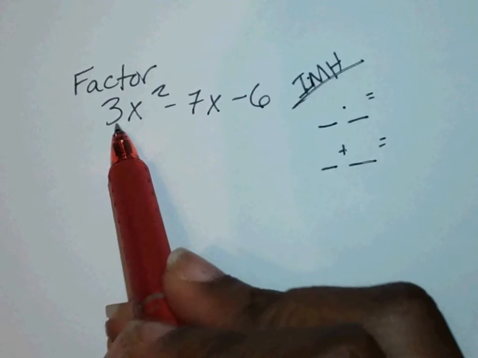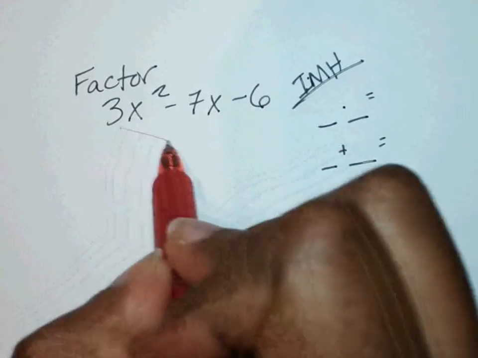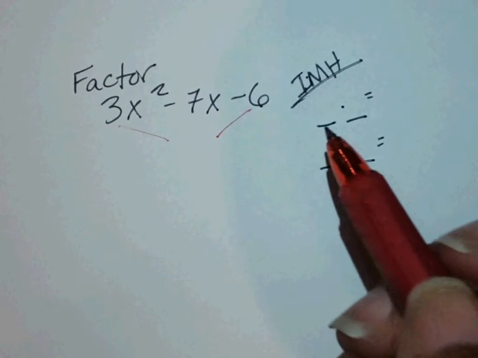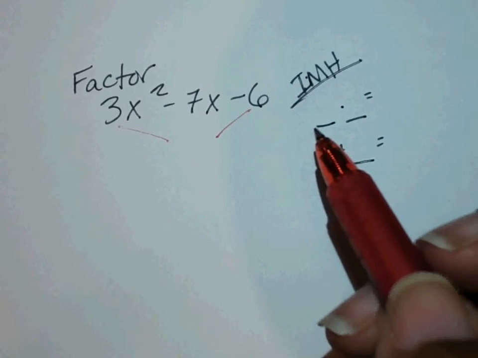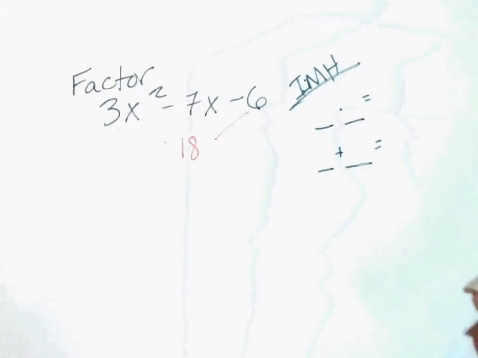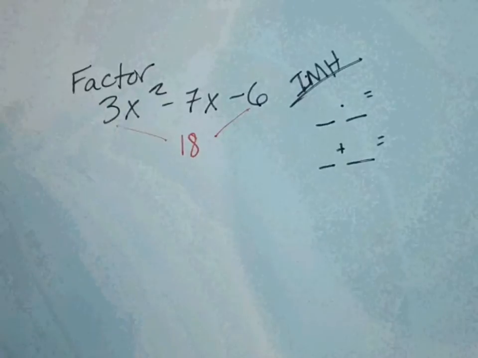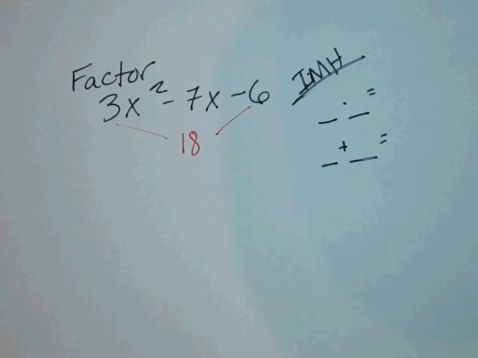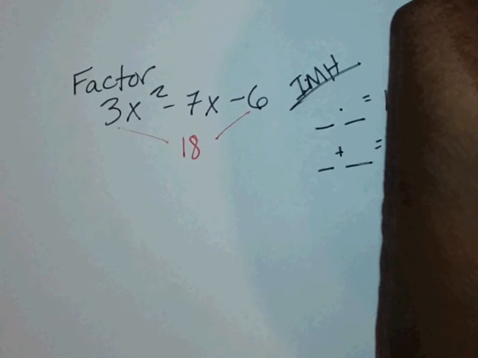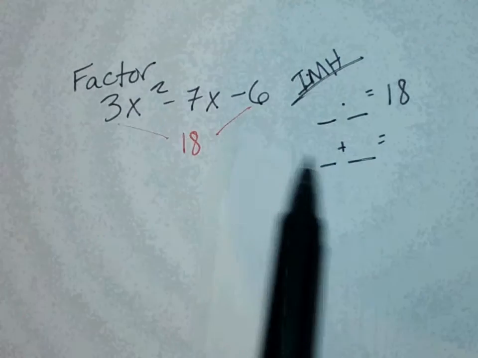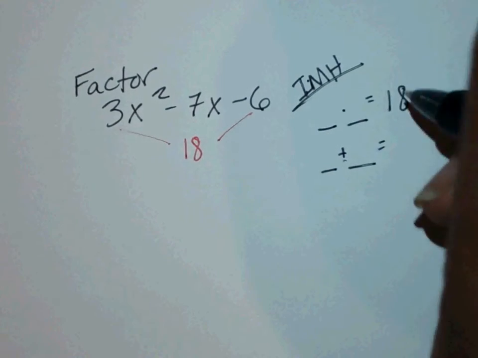Ooh, A is not 1. A is 3. 3 times negative 6. Yep, negative 18. So I have to find 2 numbers that when I multiply them, I'll get negative 18. But then when I add them, I get negative 7.